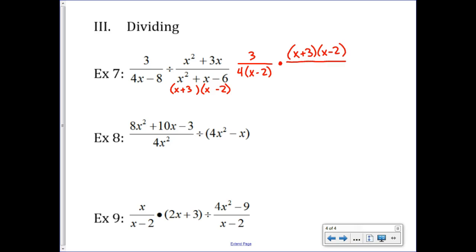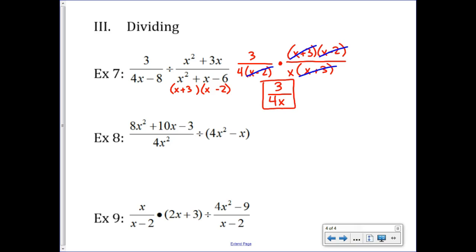Now my denominator, I have x squared plus 3x. I can take an x out of there, and then I have x plus 3. So then you should see a few things matching, and it looks like I'm just left with 3 over 4x.